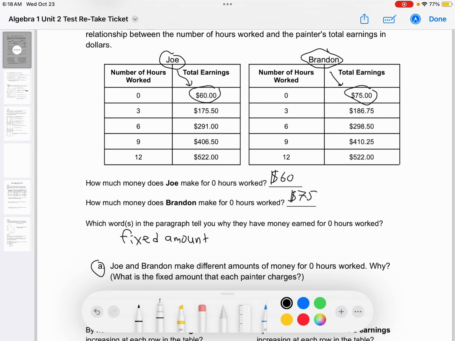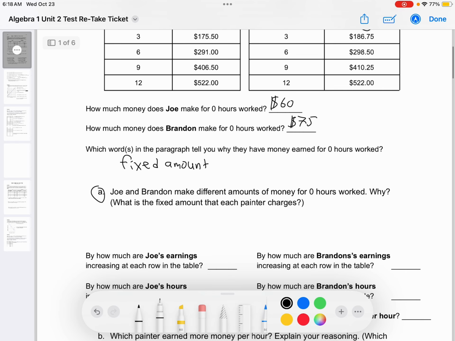Okay. So question A asks us, Joe and Brandon make different amounts of money for 0 hours worked. Why? Or rephrased as, what is the fixed amount that each painter charges?